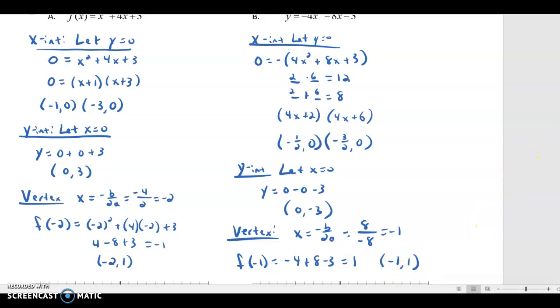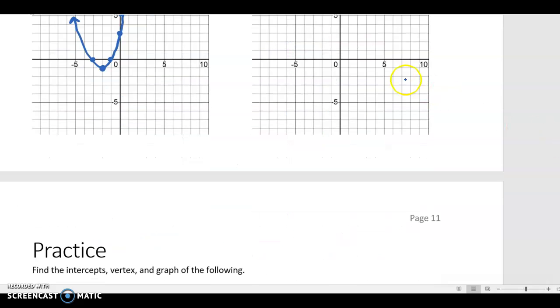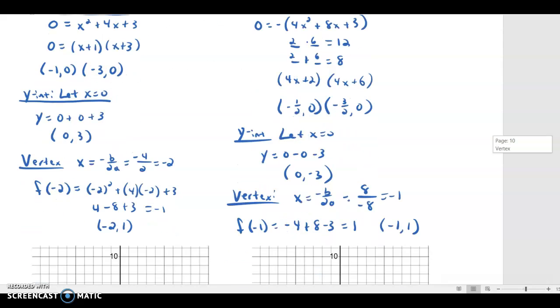So let's see if we can graph all that. Negative 1/2 and negative 3/2 for our x-intercepts. Negative 3 for our y-intercept, and the point (-1, 1) for our vertex. We're going to come out this side and connect, and connect out the other side with the U. Let me go back up here and show you all the points that I found.